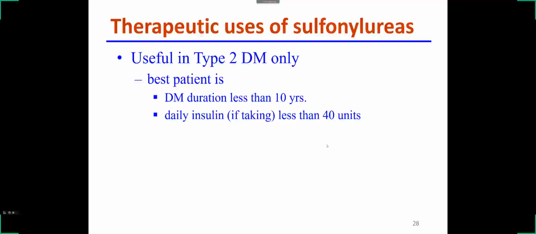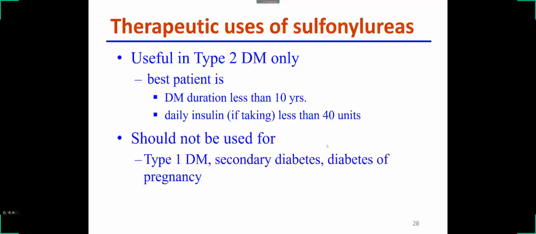If the patient does require some insulin, it's important that their daily insulin intake is less than 40 units. As I mentioned to you, these drugs should never be used with type 1 diabetes or with secondary diabetes like gestational diabetes or diabetes that was caused as a side effect of another drug. All right, don't treat those patients with these compounds.